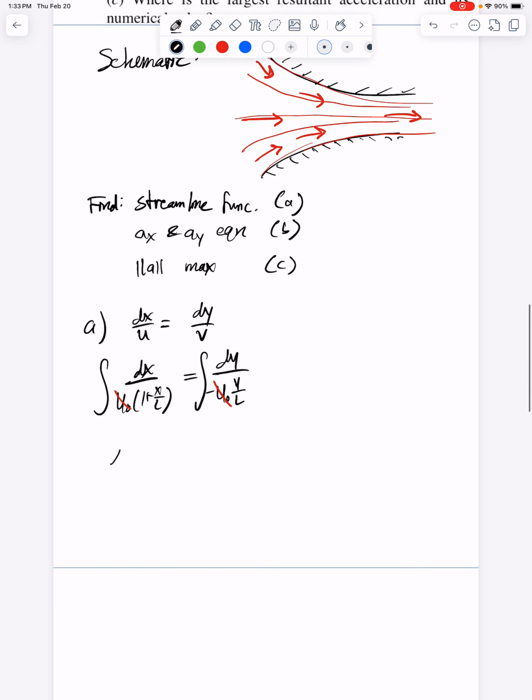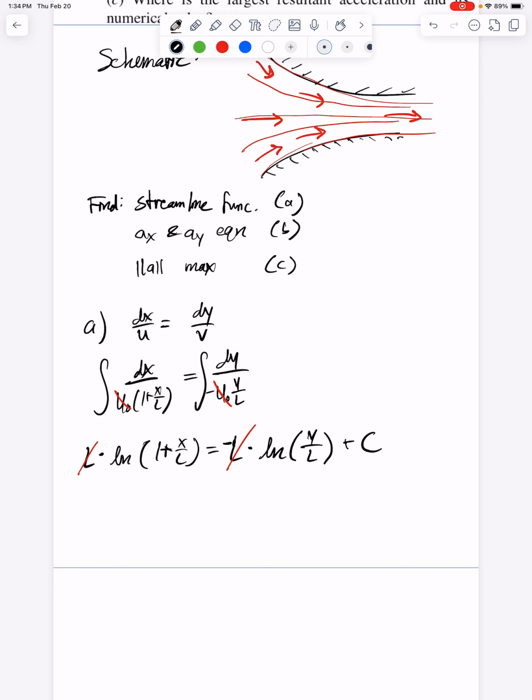I would get ln of 1 plus x over L. However, just note, if I differentiate this, due to the chain rule I would get this 1 over L, so there's going to be an L out here as well. This is equal to negative L times ln of y over L, plus c, because this is a general integral. The L's are constant, so I'm going to cancel them out.